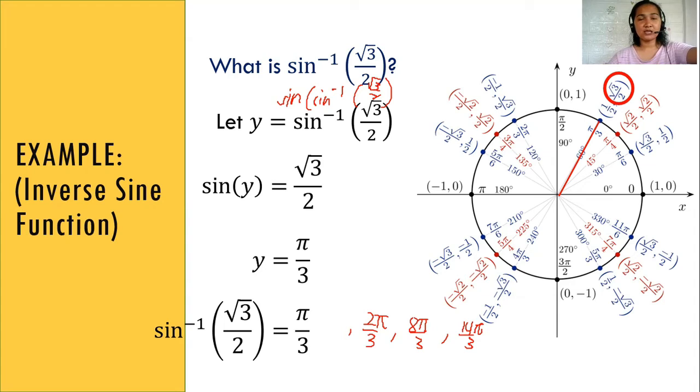In your calculator, although I don't have my emulator on our screen, I hope you can still view this one. For your calculator, if you have this ClassWiz or some other Casio calculators or other brands, above sin, cos, and tan we have the notation for inverse sine, inverse cosine, and inverse tangent.